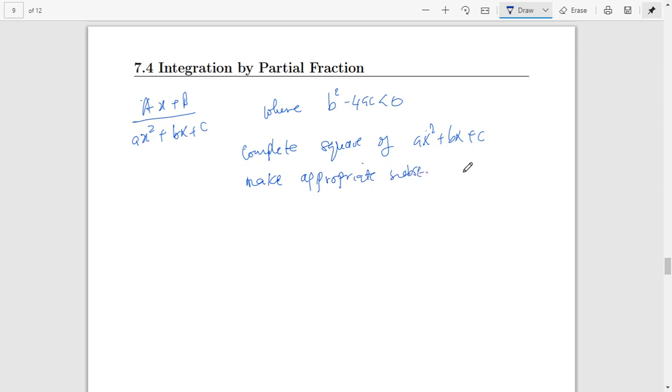Substitution to get an expression of the form (cu plus d) divided by (u squared plus a squared) du.